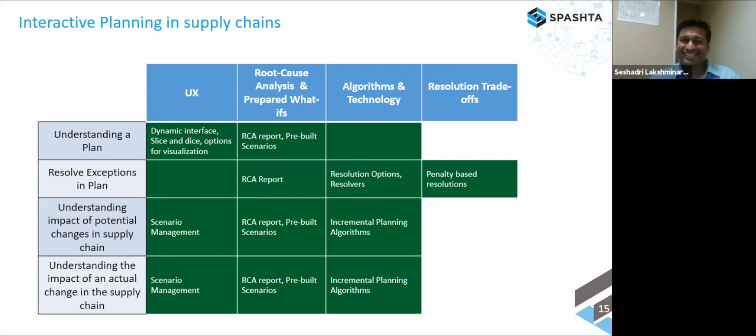The ability to slice and dice, provide a little bit more options for visualization, and slowly we can start. Typically, when we either implement a tool or are starting to implement a tool, start looking at a little bit more options. They are not bad, and it need not be irrelevant.